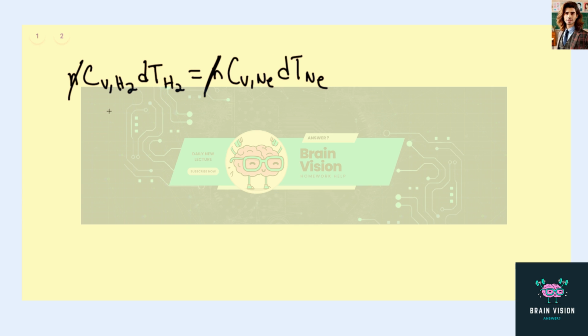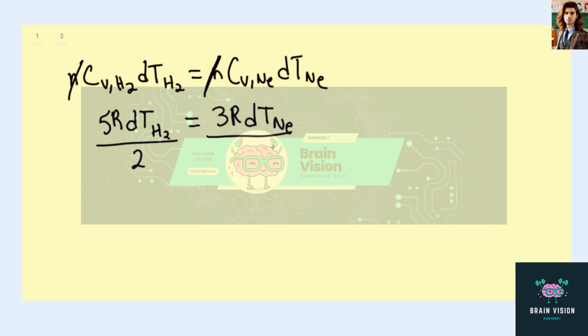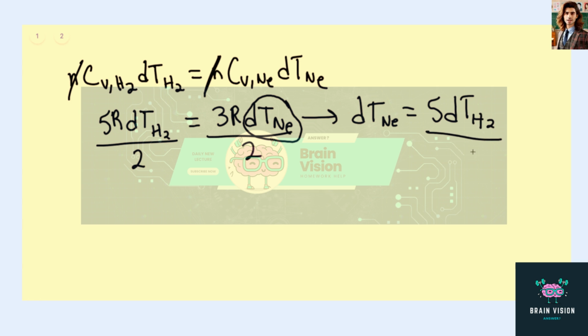And then we have 5R dT H2 divided by 2 equals 3R dT Ne divided by 2. We need to isolate this variable. So when we isolate this, this is going to be equal to 5 dT H2 over 3. Again, these R's cancel out.